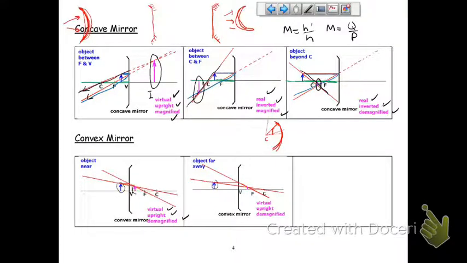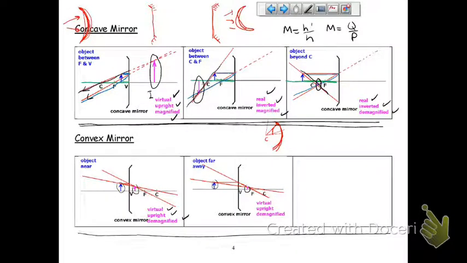It might be bigger or smaller, and the actual angles might change slightly, but it's the same diagram. It's not like the concave case, where you got three radically different diagrams depending on where you were. Here it's always upright and demagnified.